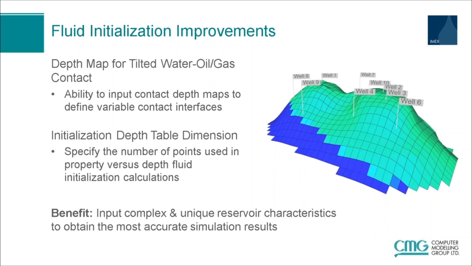Typically, you would use more points, and of course a higher resolution depth table can provide better representation if you have very nonlinear phase pressures or properties, which typically happens if you have a very large depth range represented by your model, or sometimes if you have a very significant gas cap in your model as well. So with the addition of these two options, it ensures that we have accurate initialization of our phase pressures, densities, phase saturations, as well as our capillary pressures when we're modeling using IMEX.